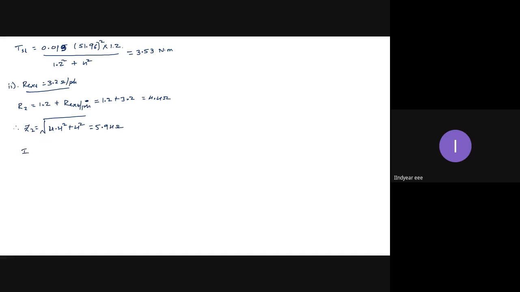Next, I2 is equal to E2 by Z2. The voltage will not change because it is at open circuit. So 51.96 divided by 5.94. Some students say Z2 is 4.83, but 5.94 is correct.